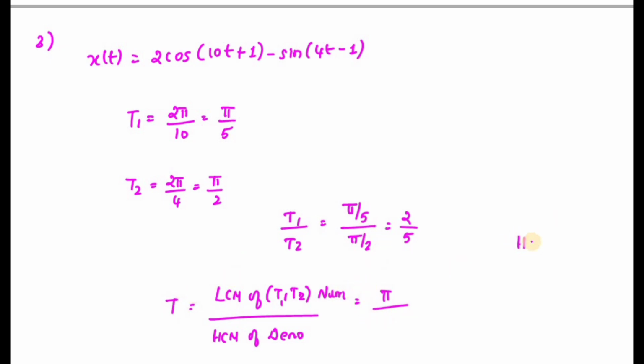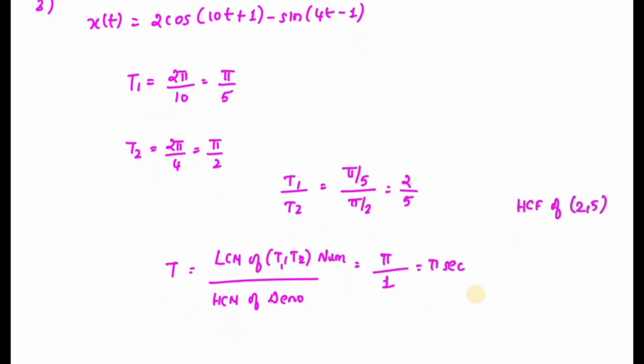And the HCF of 2 and 5 is nothing but 1. So the answer is π seconds.